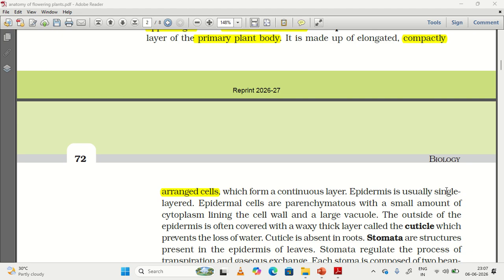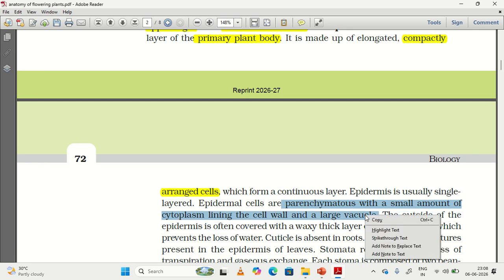Epidermis is usually single layered, and the epidermal cells are parenchymatous with a small amount of cytoplasm lining the cell wall and with a large vacuole.